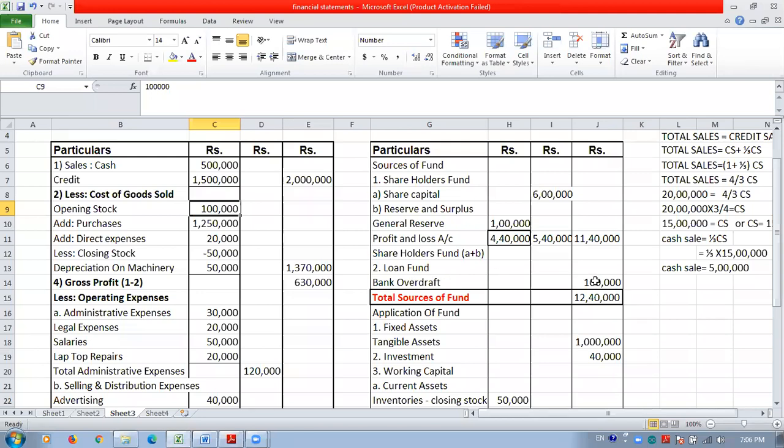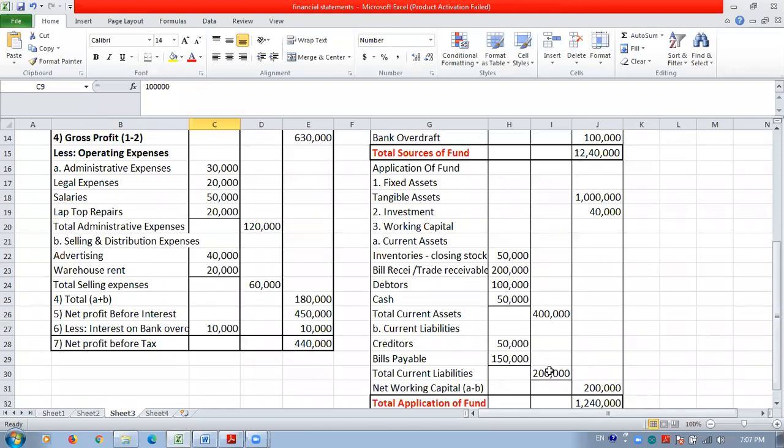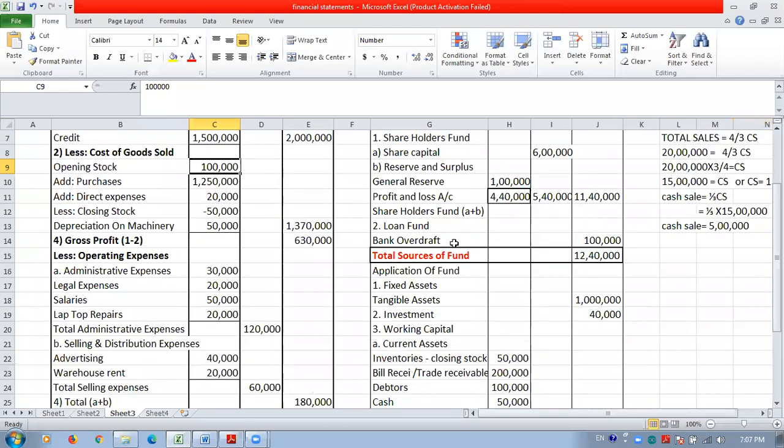You can state this under the current liability head also. But if we state this 1 lakh under current liability, then the working capital may look too small. That's why the company may manipulate and state it under the loan fund head.